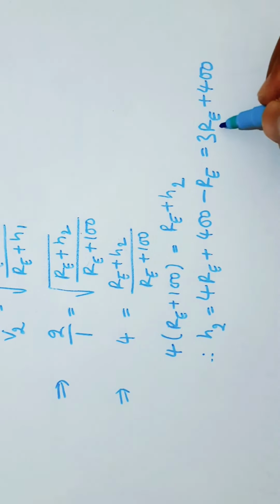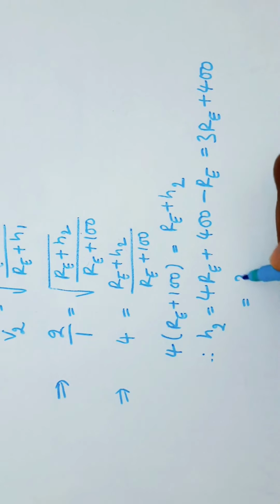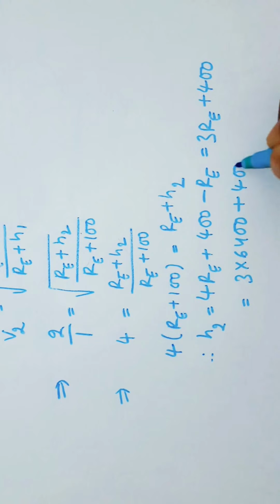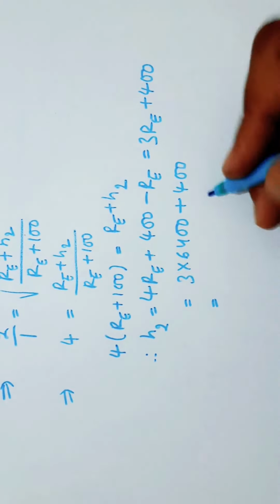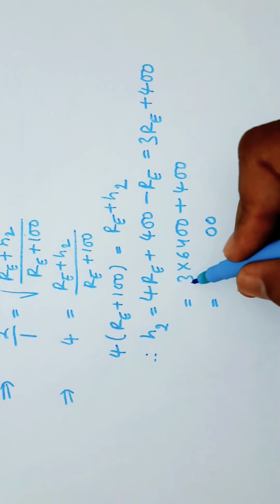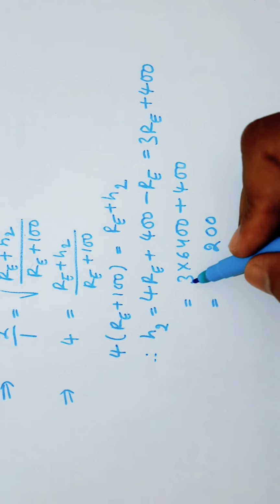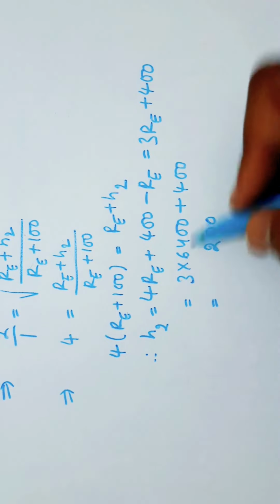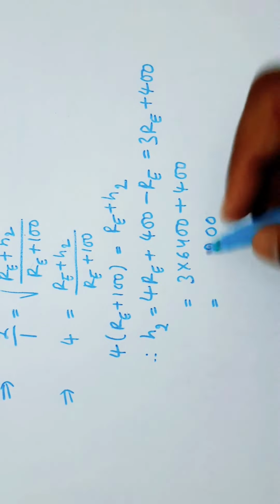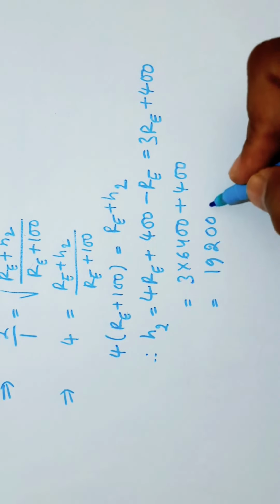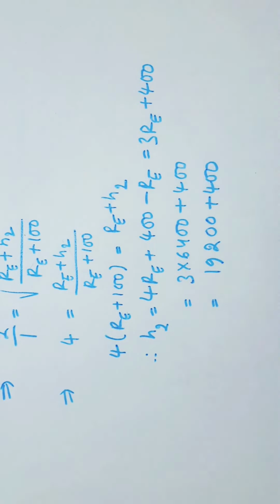Here the radius of the Earth is a known value, that is 6400 kilometers. Therefore h2 is equal to 3 into 6400 kilometer plus 400. 2 zeros, 3 fours are 12, take 1, 3 sixes are 18 plus 1, that is 19, so 19,200 plus 400 kilometers.